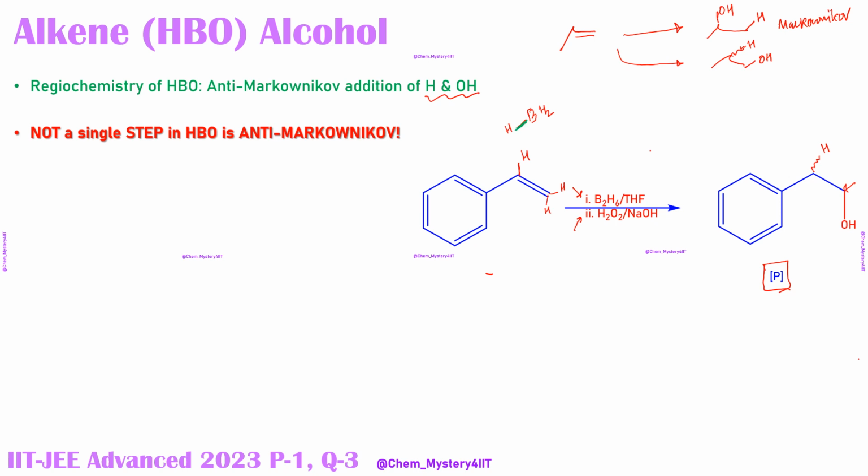The answer is hydrogen, being more electronegative, gets the negative charge, and boron, being less electronegative, gets the positive charge. If some of you are thinking this is not right, why hydrogen will get negative, why it should not get the positive charge, I would suggest you look at the table of electronegativity and you'll figure it out. Hydrogen is in fact more electronegative in comparison to boron.